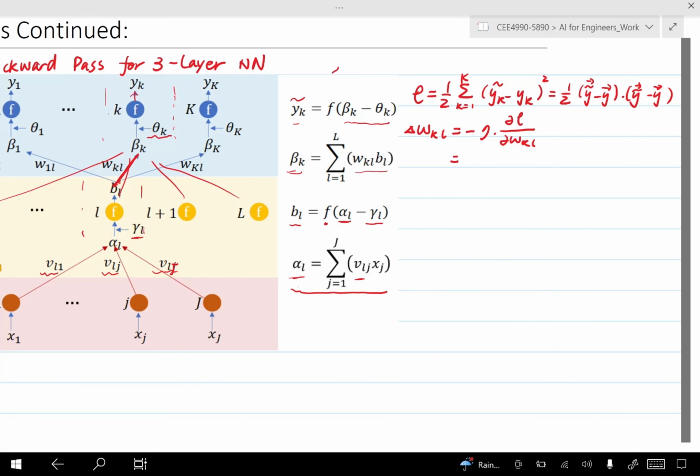L is a function of YK, right? And YK is a function of beta K, and beta K is a function of WKL. When we are doing derivatives or gradients, we have something called the chain rule, right?